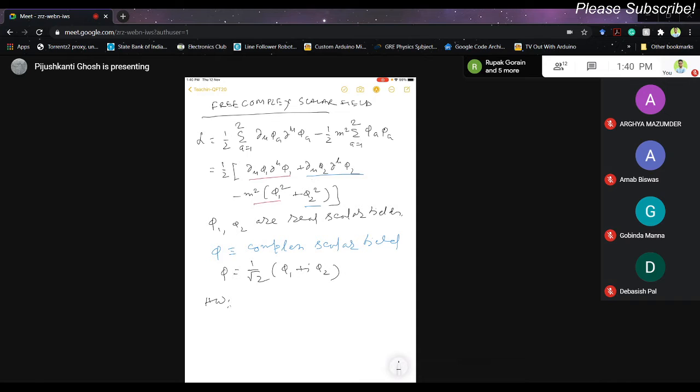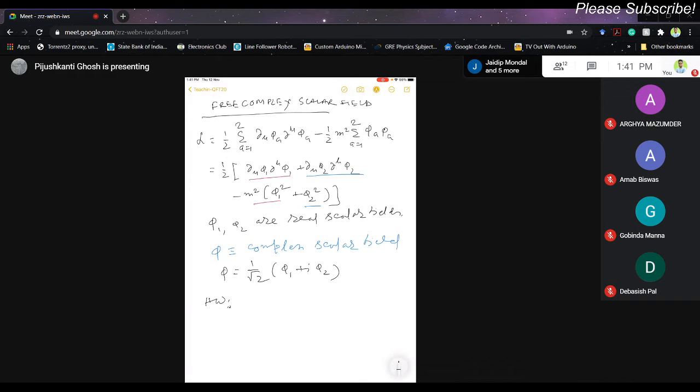Just like a coordinate transformation, you do for y degrees of freedom, you want to write it in terms of z and z star. Similarly for the fields, and so you don't have to worry, okay, because this is a transformation involving fields only.